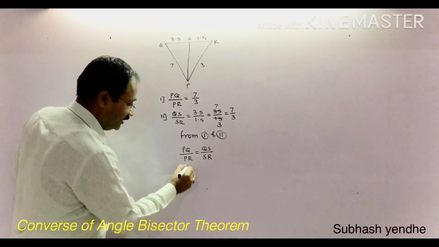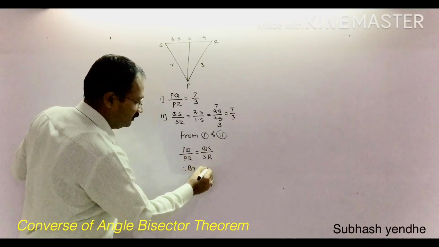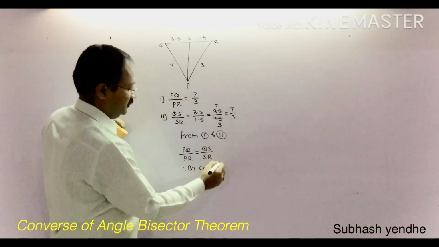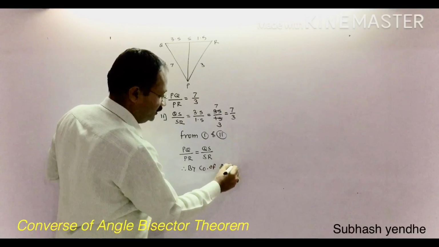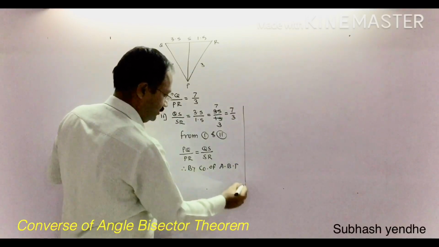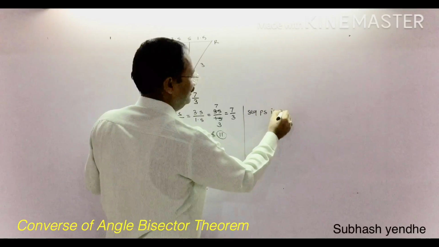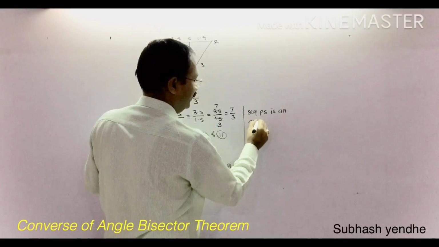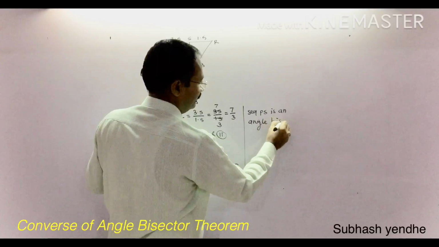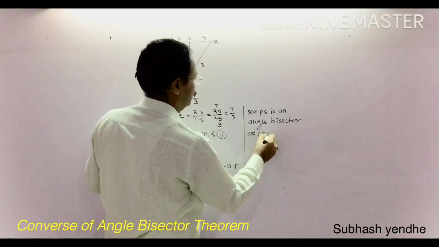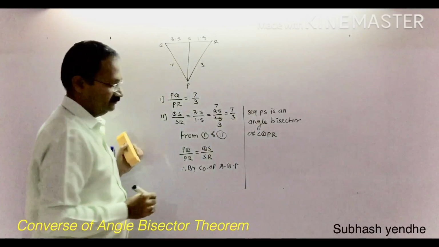Then we can say that by converse of ABT, segment PS is an angle bisector of angle QPR.